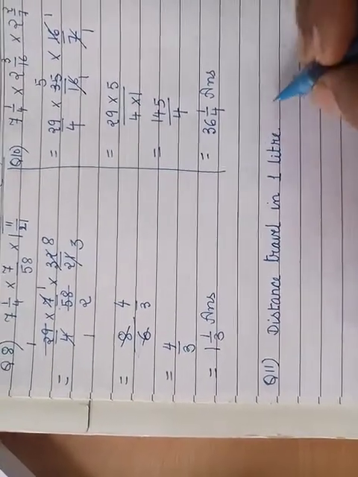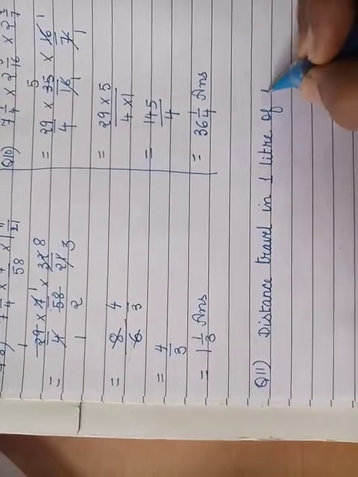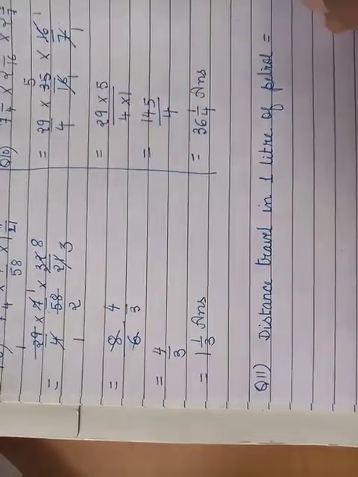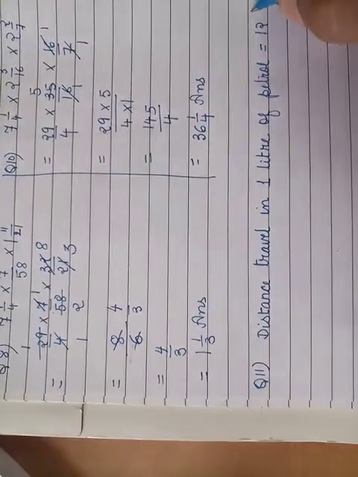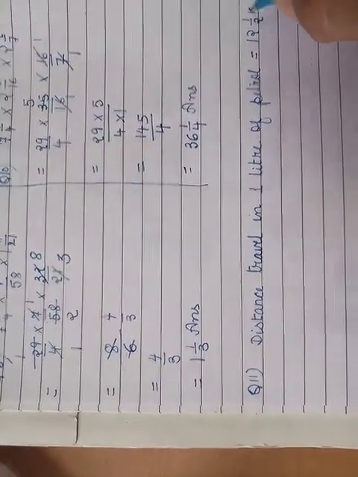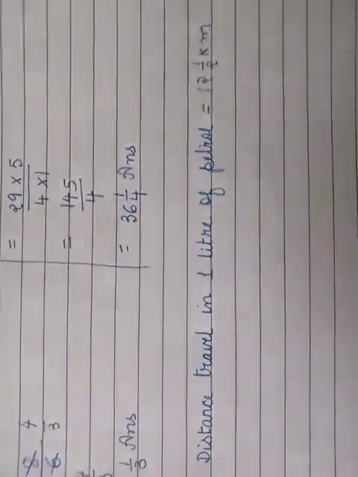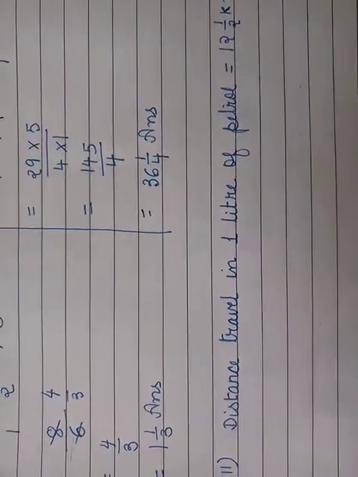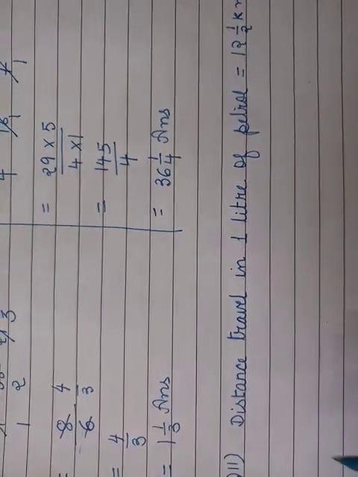We write the correct statement is equal to 12 whole 1 by 2 kilometer. Now how many liters are they asking for? 42 whole 3 by 5 liters.